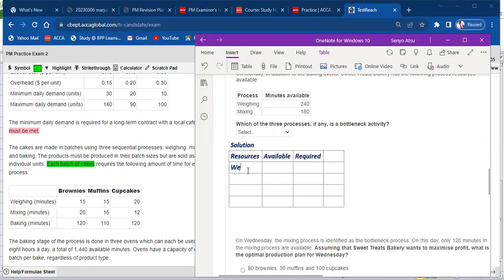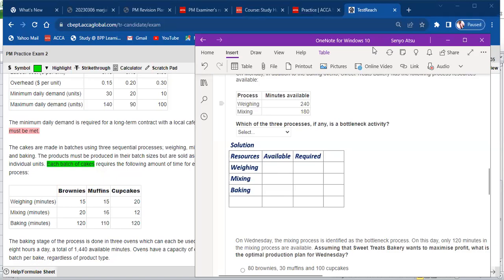We got a weighing process. We got a mixing process. We got a baking process. Because nobody's seeing this work you are doing, just write your W, M, and B on paper and don't waste all of the time writing all of this on paper. Weighing requirement says we've got 240 minutes available.